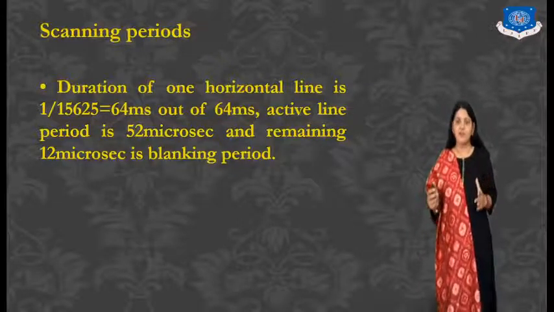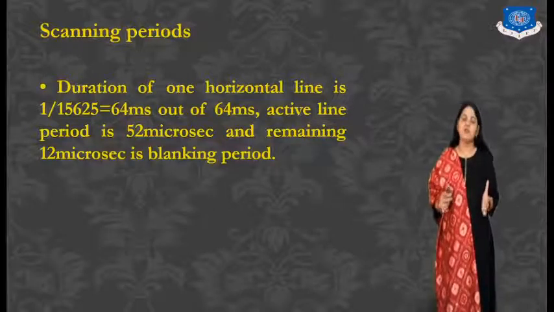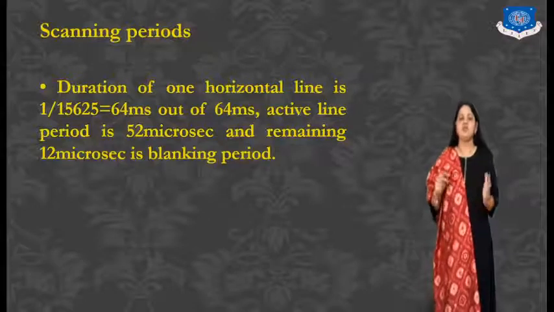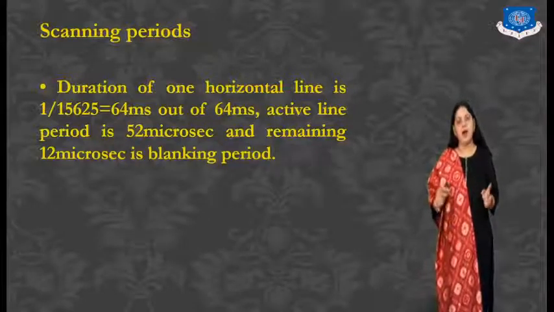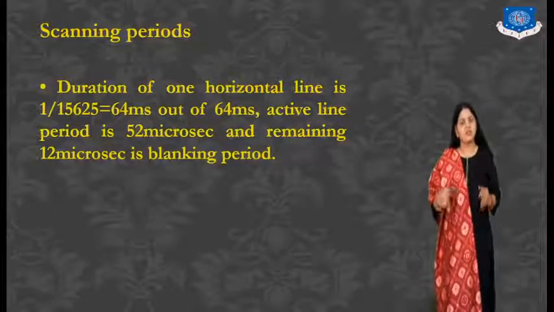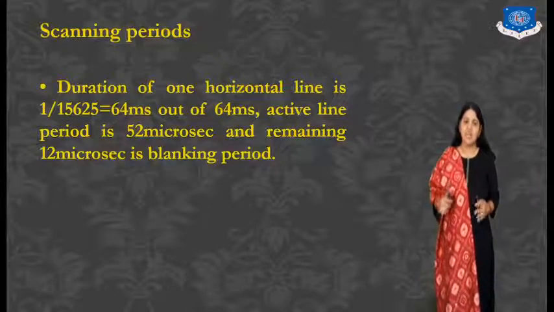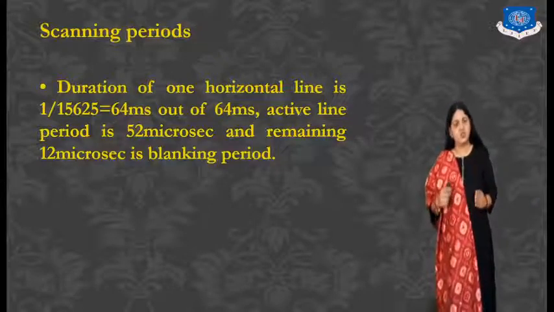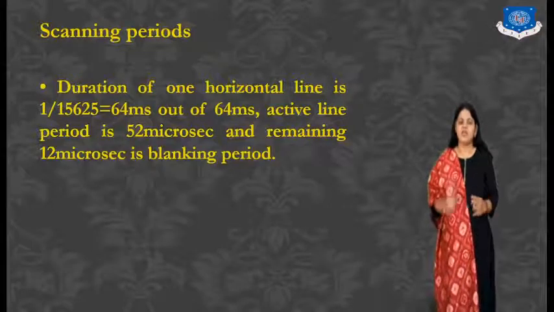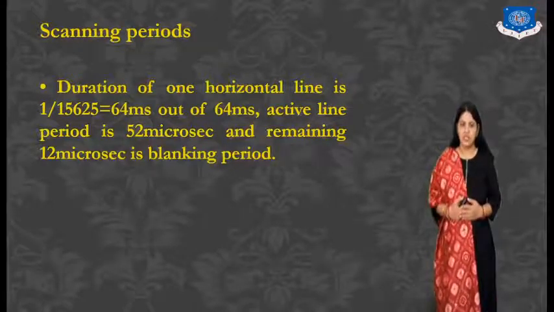So 625 multiplied by 50 Hz, that is the line frequency, is equal to about 31250. This divided by 2 is 15625. So that is the duration for one horizontal line.